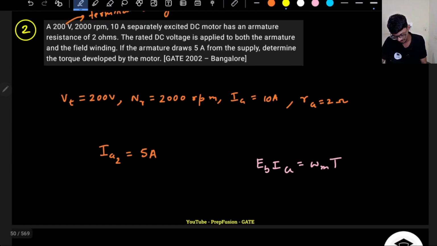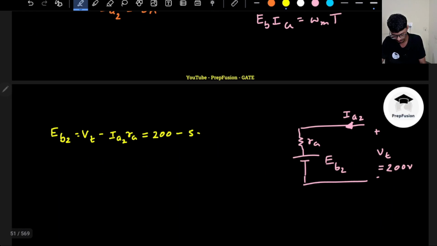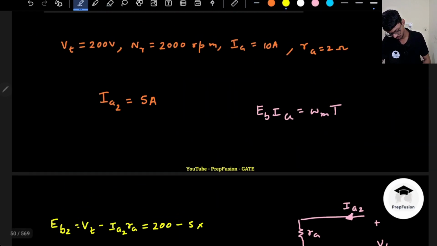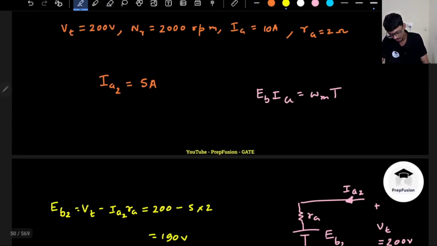What is Ia2? They are telling that in the second case it is taking 5 amperes of current. So it is 5 into Ra. Ra is 2 ohms, which we had already written down. So it is 5 into 2, so this will be 190 volts. Now I know my EB2. I have got my EB2 here.